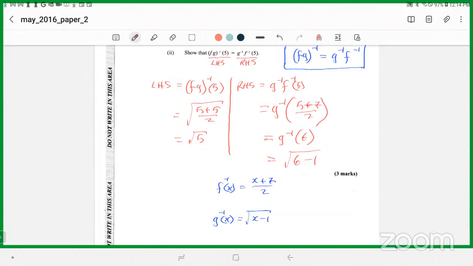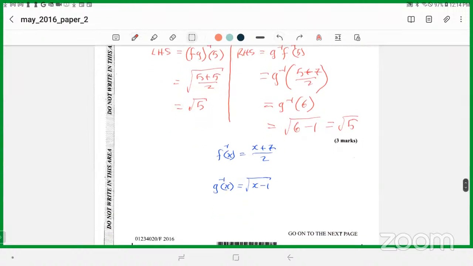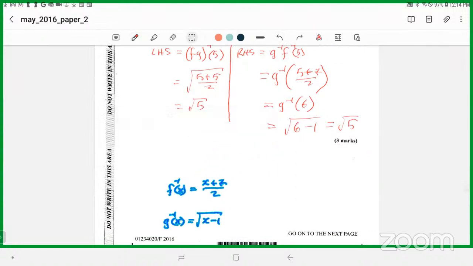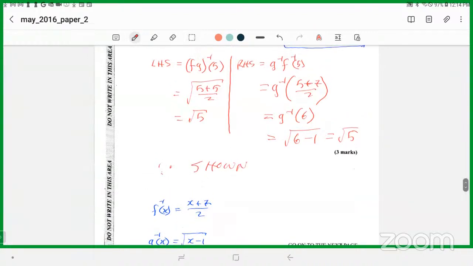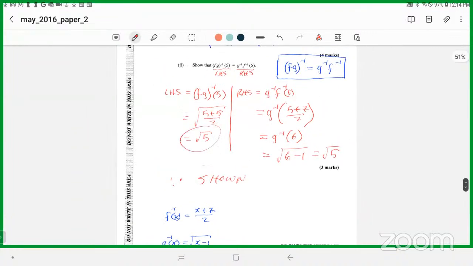And the square root of 6 minus 1 is the square root of 5. So you see, both of them give us the same value. And therefore, we have shown it. Therefore shown. And that's our answer. We have shown that the two sides equal root 5, and so it is true that this equals that.